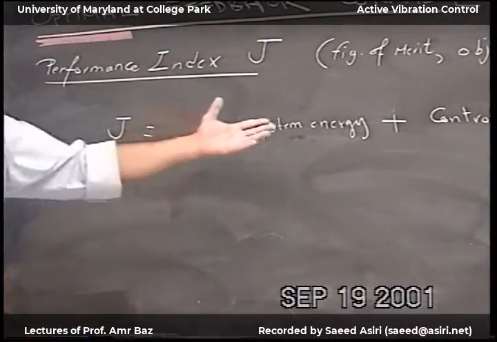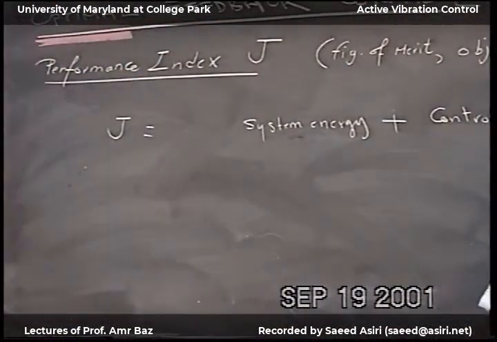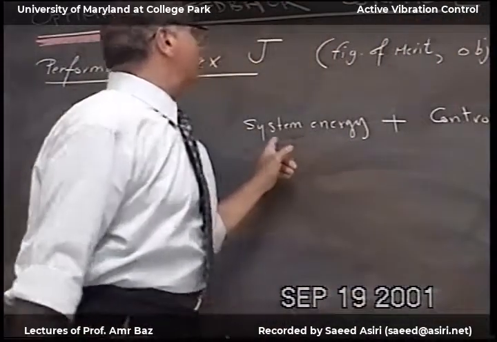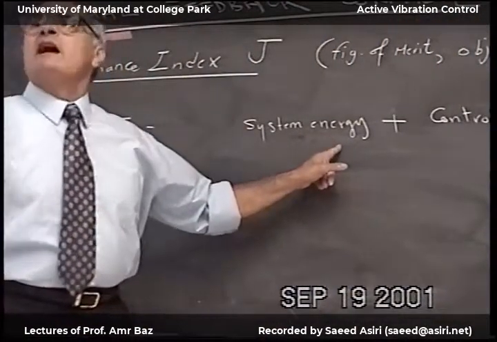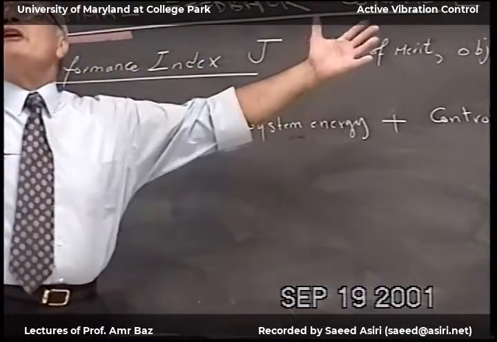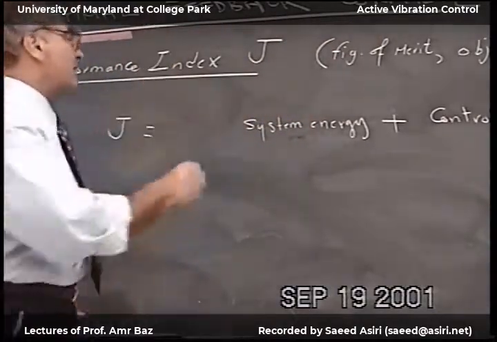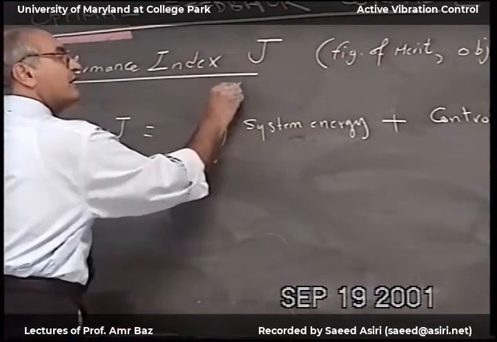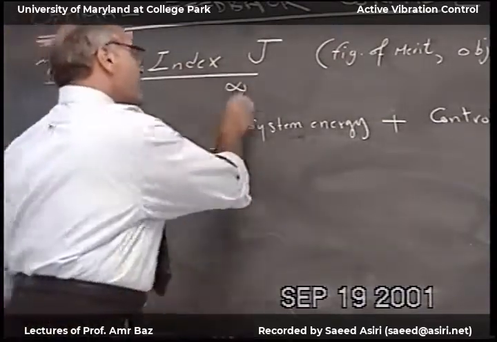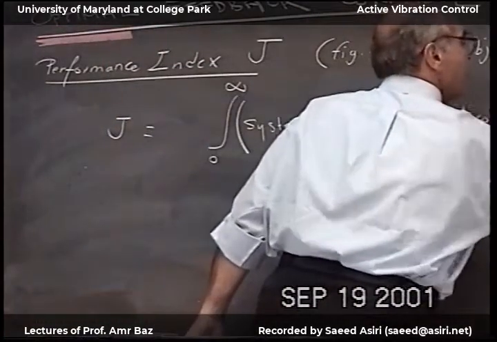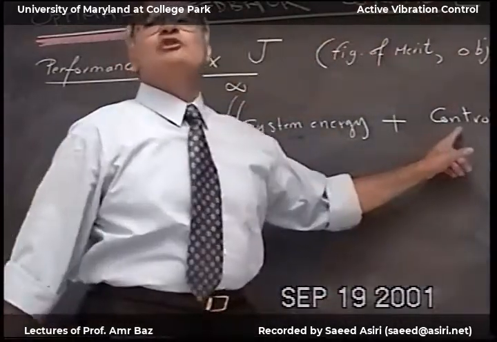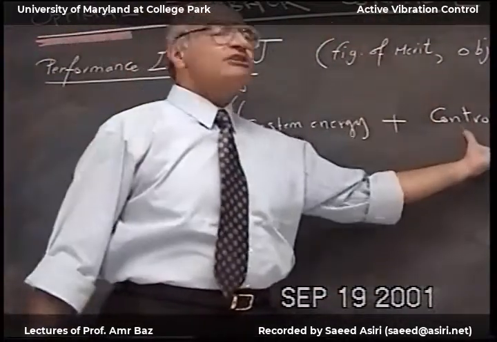Problem now is this system is time dependent, moves with time. So I want to drop the system energy as soon as I can, in the shortest period of time. So now I have to do this over a period of time, and I want to look at the integration of the energy over time.